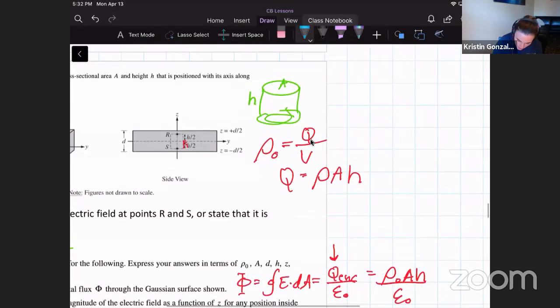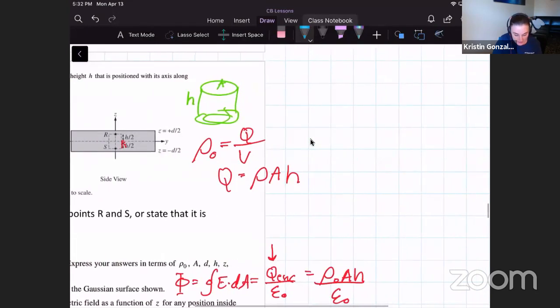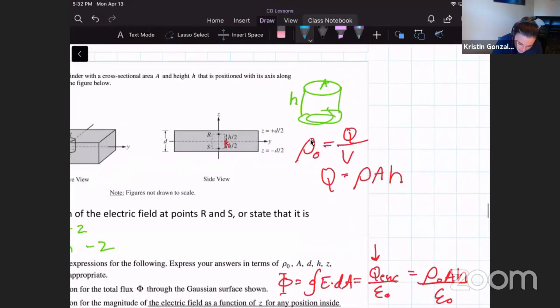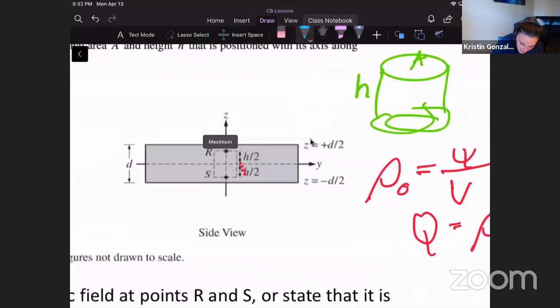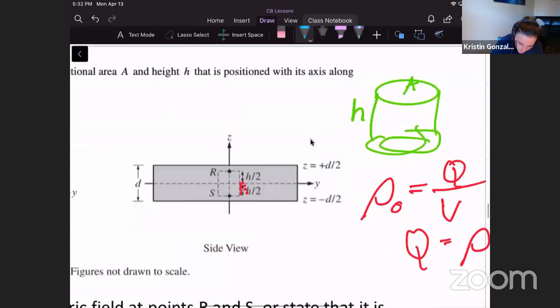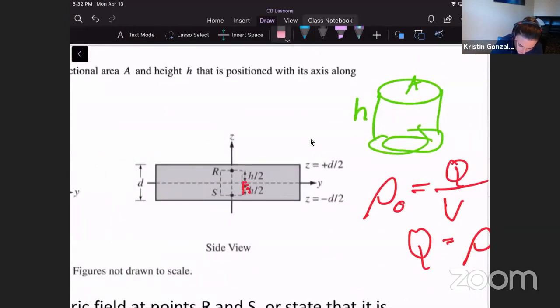So let's look at what that H is. We want it as a function of Z. Well, as I go out from the center, if I'm going out a distance of Z here, my whole surface is also changing a distance of Z on the other side. So what would that total height be?